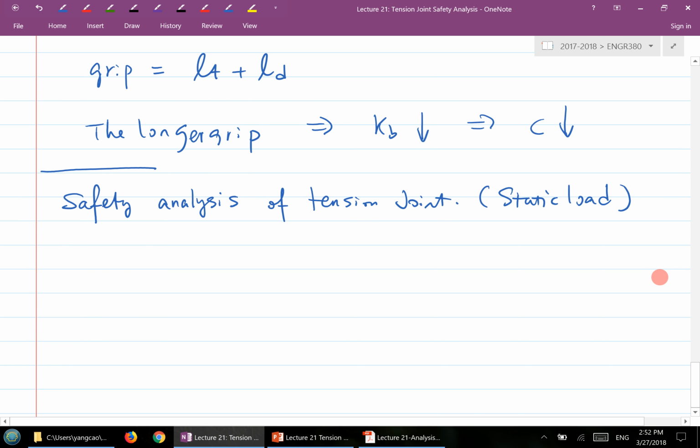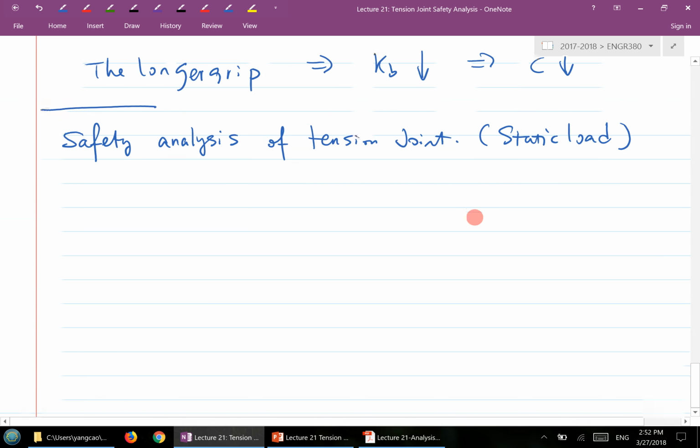So first of all, there are three different ways of analyzing the safety of the tension joint. I'll show you the first one first, and then the different cases. First of all, let's look at the tensile stress on the bolt. How much tensile stress does the bolt feel?